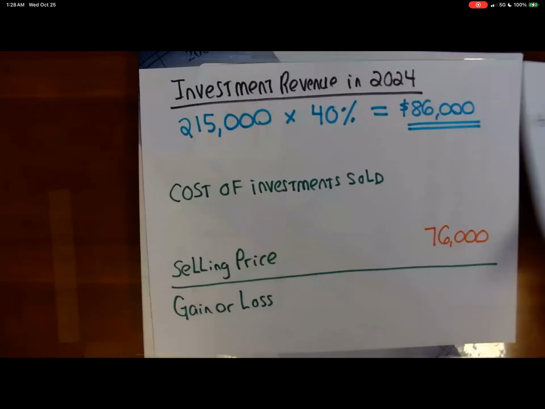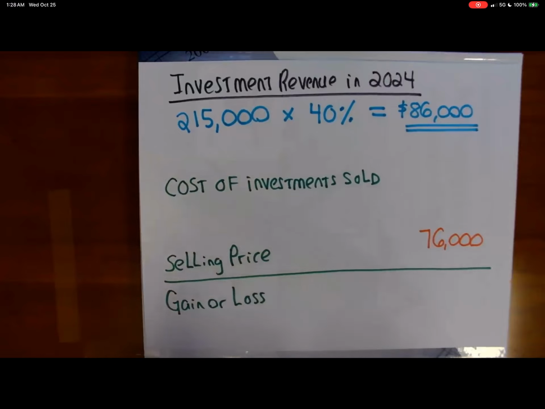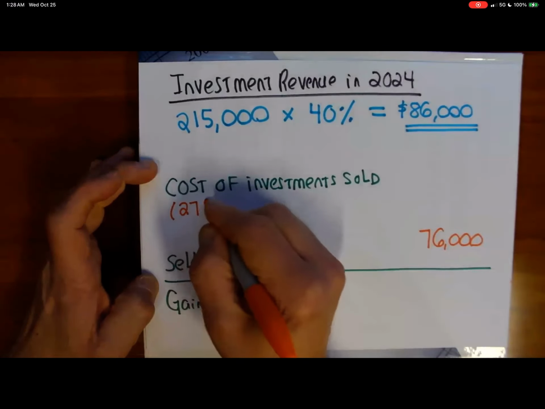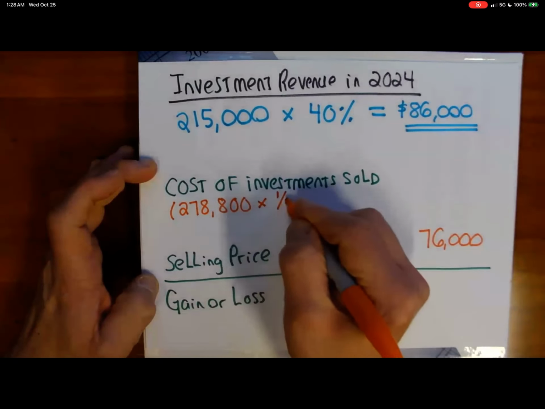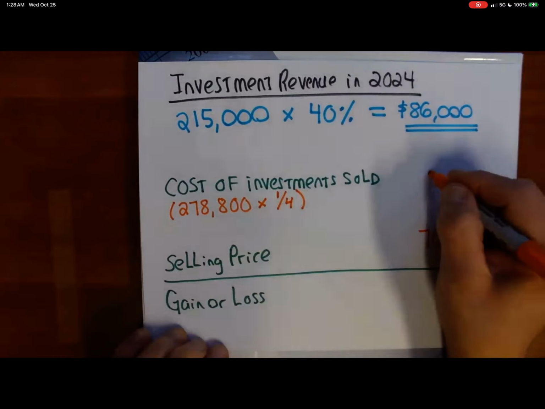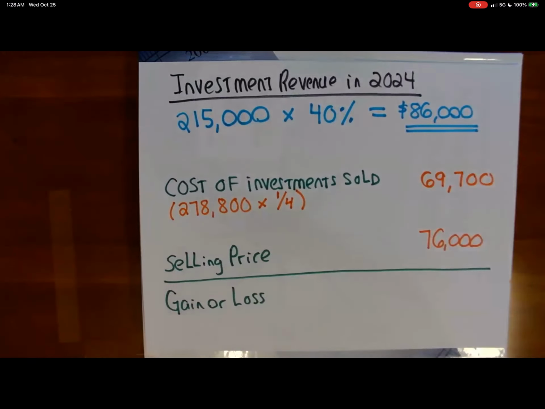So to come up with the cost of the investment sold, take the account balance at the date of sale, $278,800, times the 1/4 sold. And the cost of what we sold, $69,700.